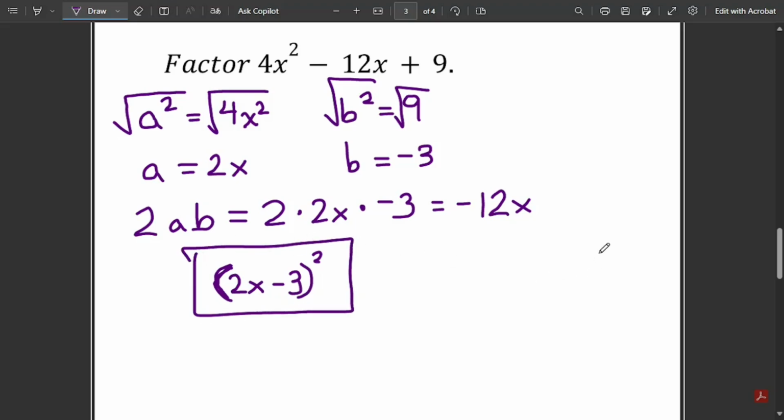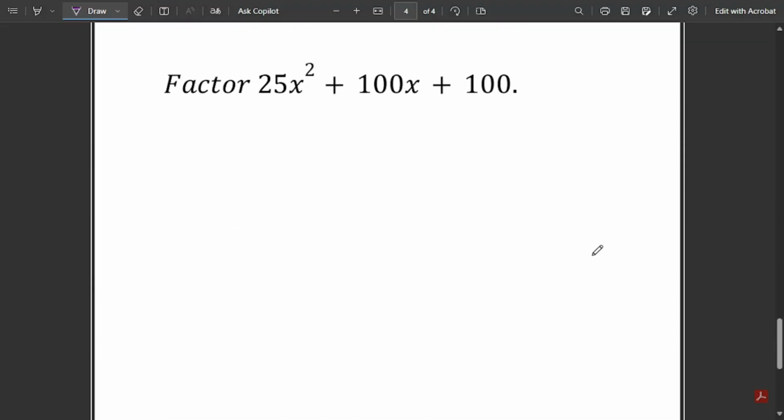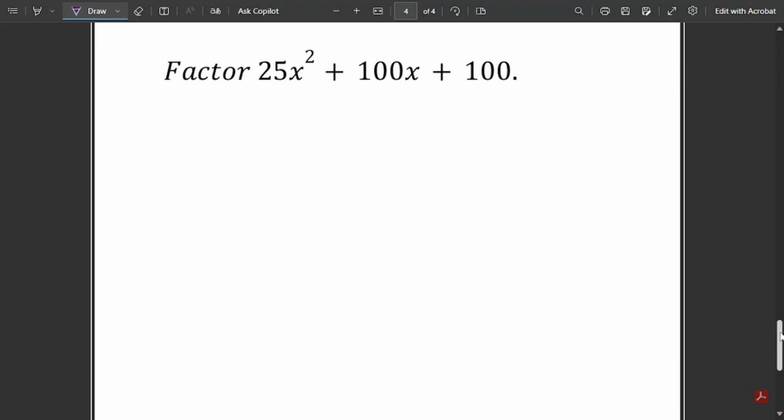Okay, let's try one more example just to make sure we've got it. All right, this one, we're factoring 25x squared plus 100x plus 100. So first thing, let's check what a squared is. It's going to be 25x squared. And b squared is going to equal 100.